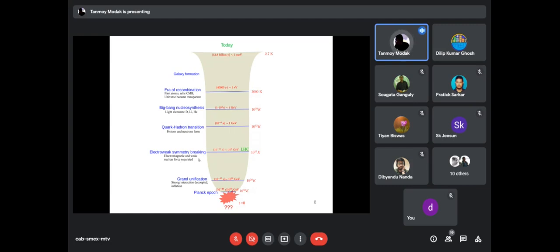And this is the energy scale that we can access today at collider experiments such as the Large Hadron Collider. When the universe cooled even more, around 10 to the minus 6 seconds, the first protons and neutrons were formed. The temperature of the universe was 10 to the 12 Kelvin. When the universe age was roughly a few seconds, light elements such as deuterium, lithium, and helium were formed.